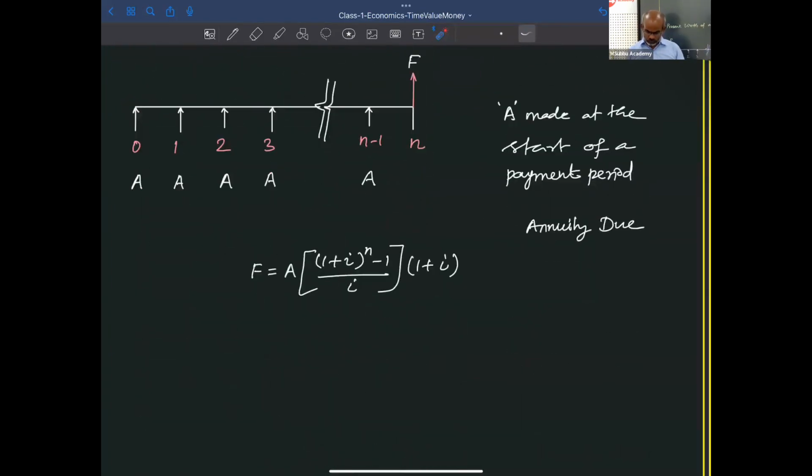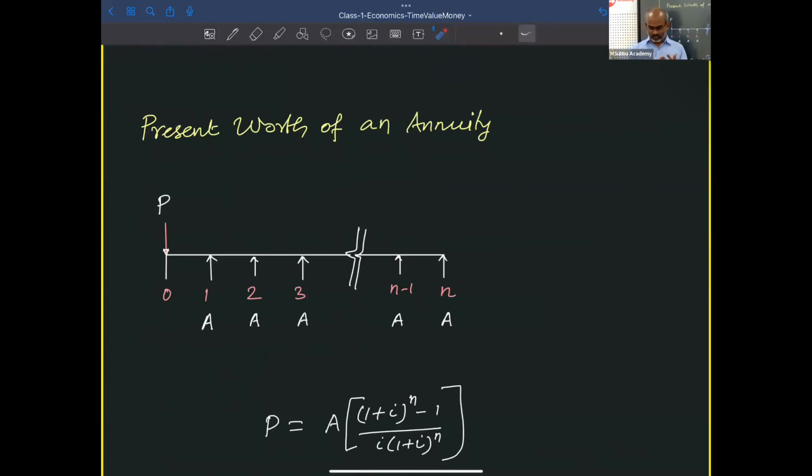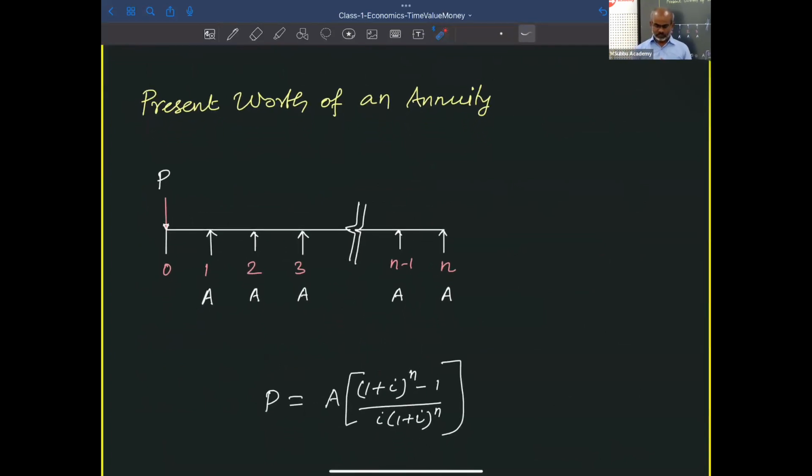Okay, now these days people are not making deposits; instead they are getting a loan and repaying it by way of EMI, equated monthly installment. So for that, the loan amount is P, that is the present value of your money. After getting that, we are going to pay it periodically, uniform and equal.